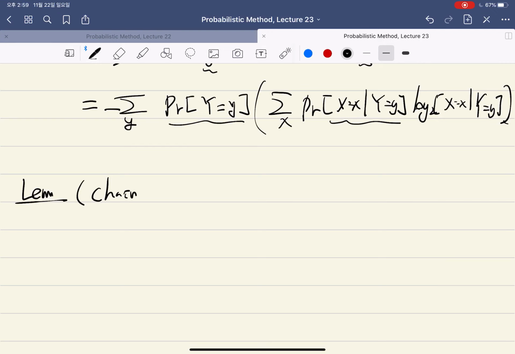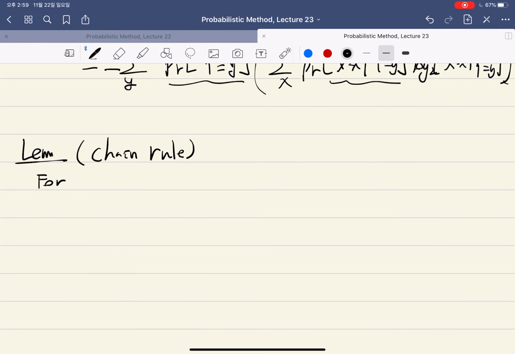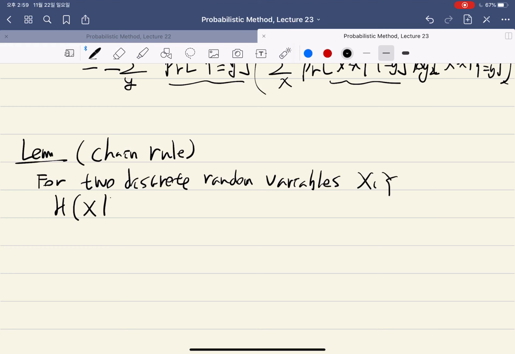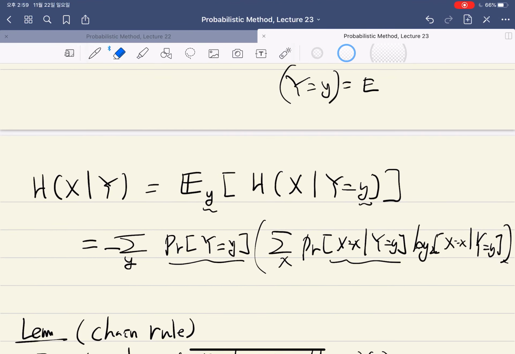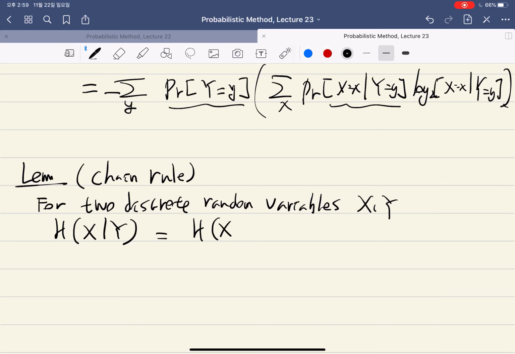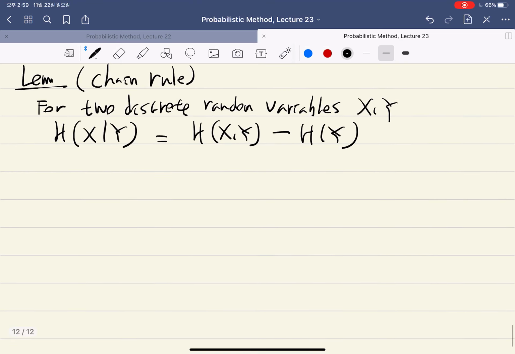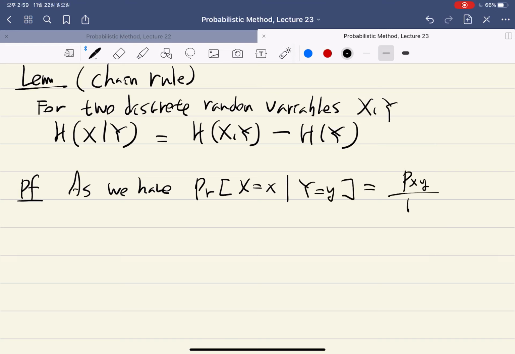So this is called the chain rule for two discrete random variables X and Y. The conditional entropy that we defined here is actually the same as the additional information we get from X and Y, compared to Y. As we have, the probability of X equal x, assuming Y equal y, is Pxy over Py.